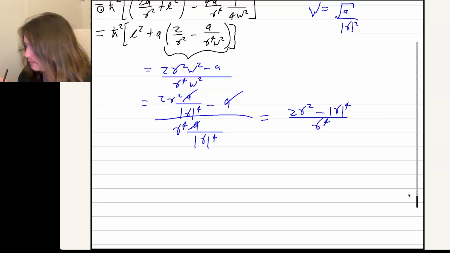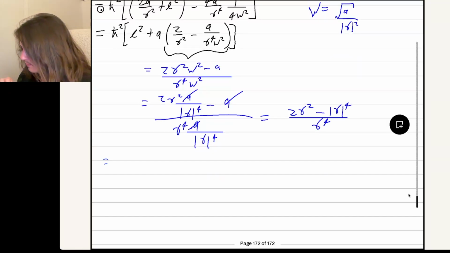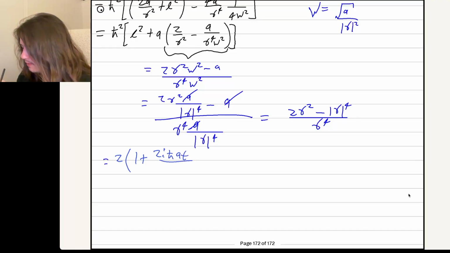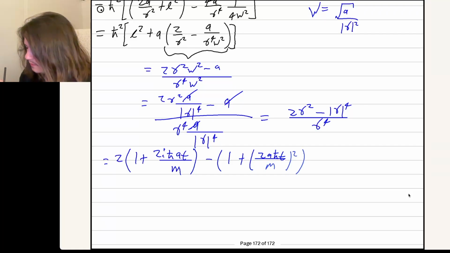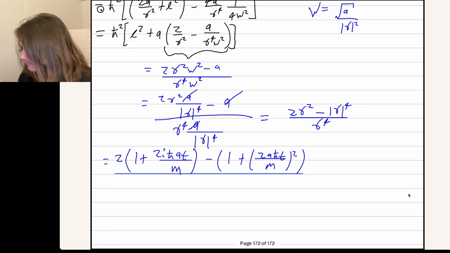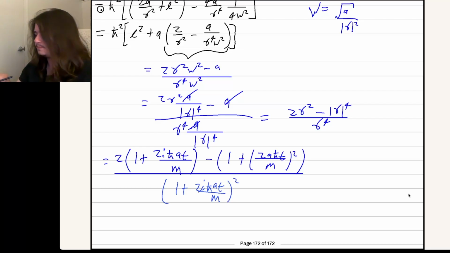And then we expand the definition of gamma, so it's going to be just 2 times 1 plus 2i h bar a t over m here, minus, and here it's 1 plus 2a h bar t over m all squared. And then on the bottom it's 1 plus 2i h bar a t over m squared.